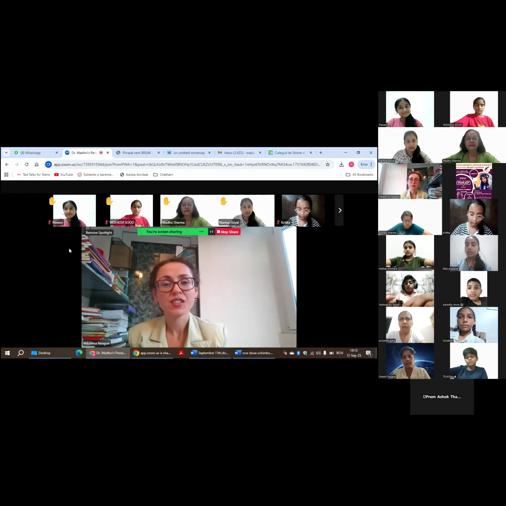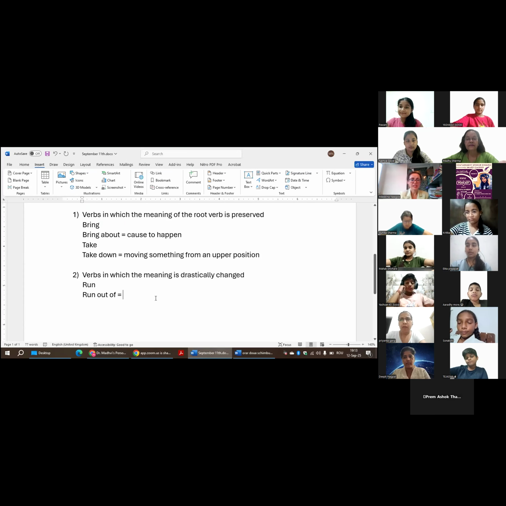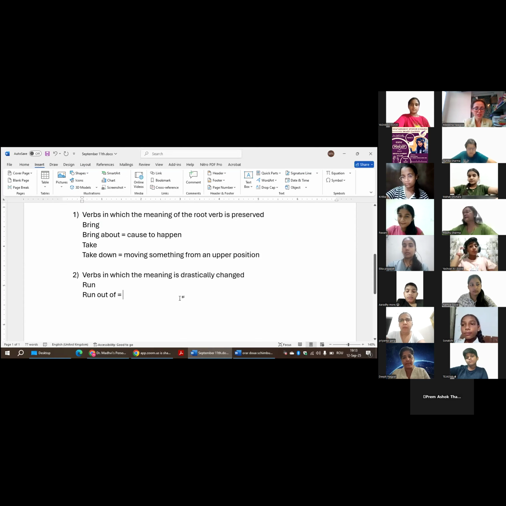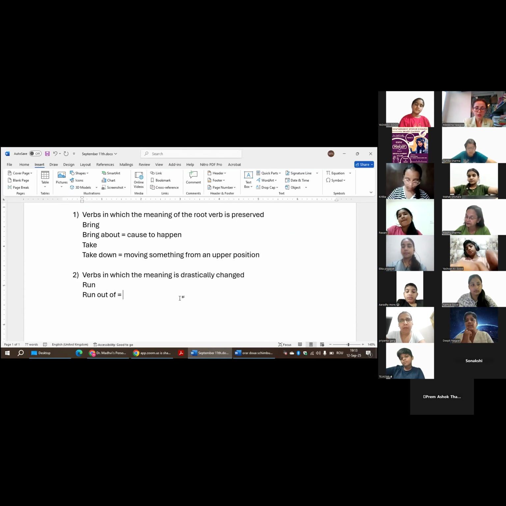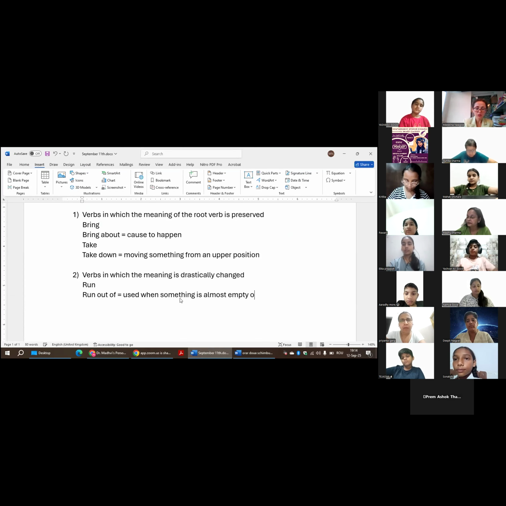So it means to use something until it's not there anymore. It's almost empty, right? So let's mention this here. Run out of means, it's used when something is almost empty or completely used.